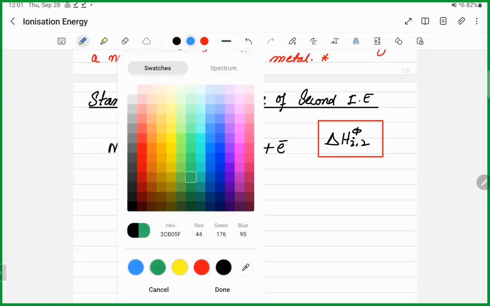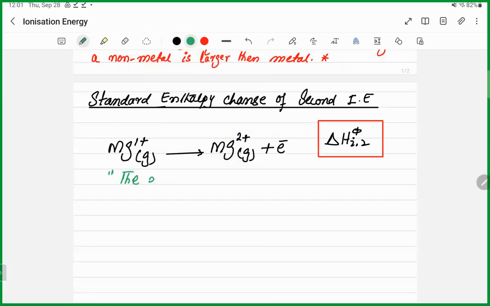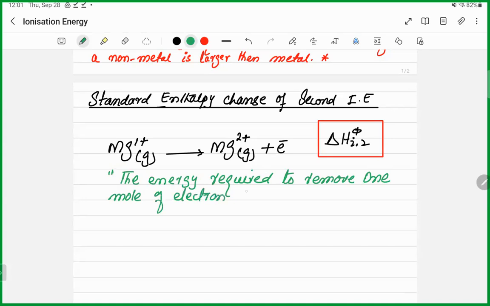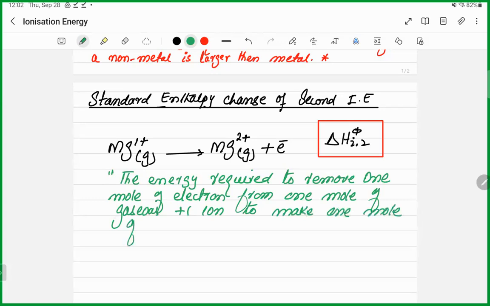So as per this, can I say that the energy required to remove 1 mole of electrons from 1 mole of gaseous plus 1 ion to make 1 mole of gaseous plus 2 ion, and this must be under standard conditions.